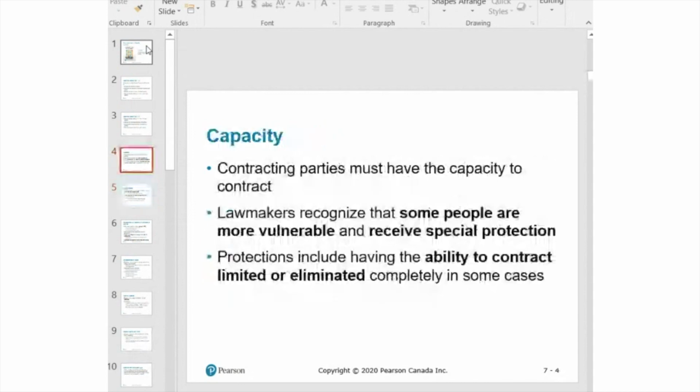There's one thing before I go to those examples. I told you 5 required elements for a valid contract: consensus, consideration, capacity, legality, and intention. However, capacity doesn't make a contract invalid. It does make a contract voidable.